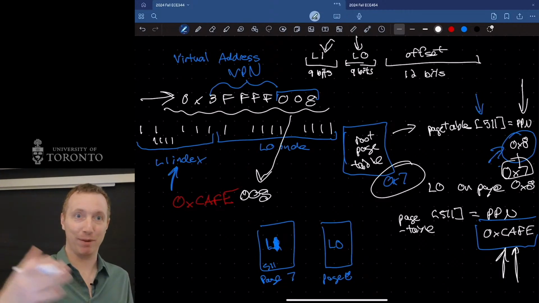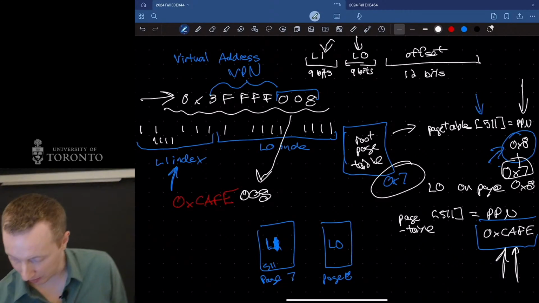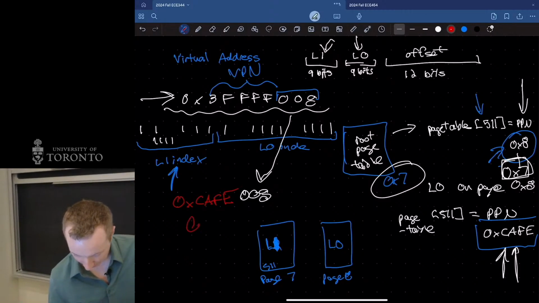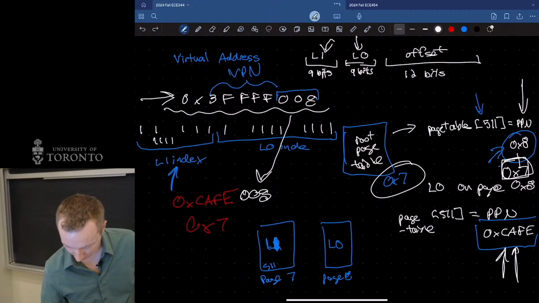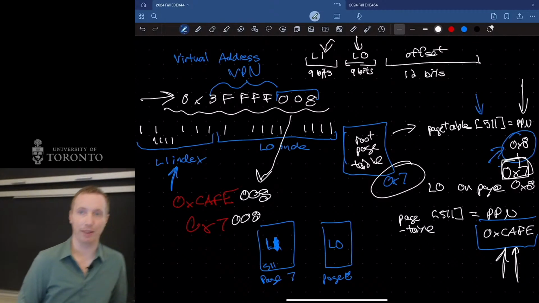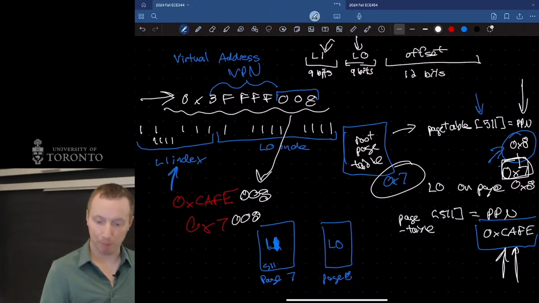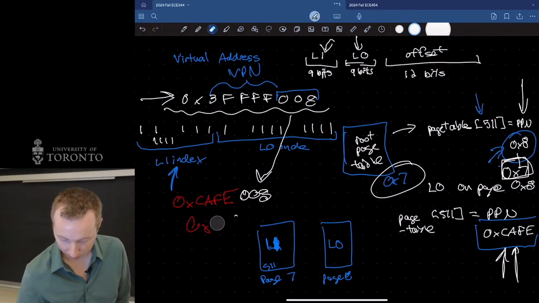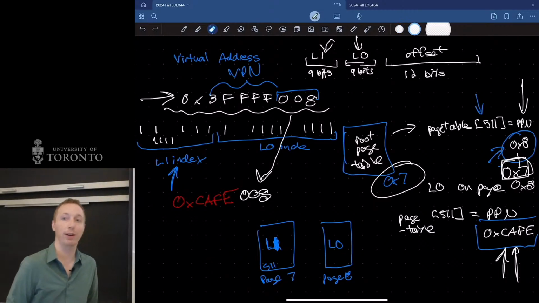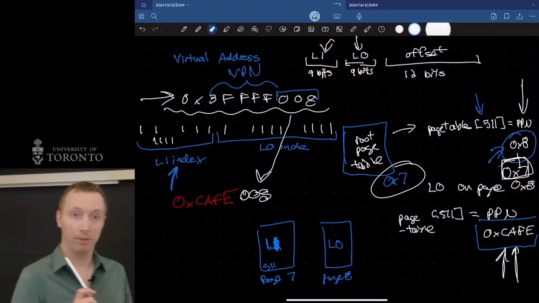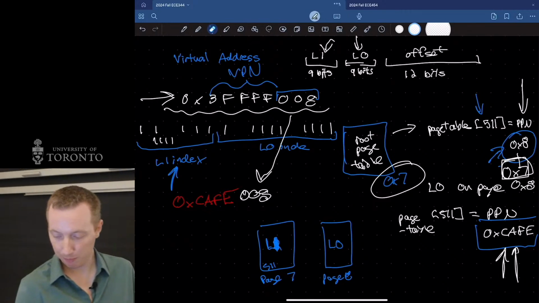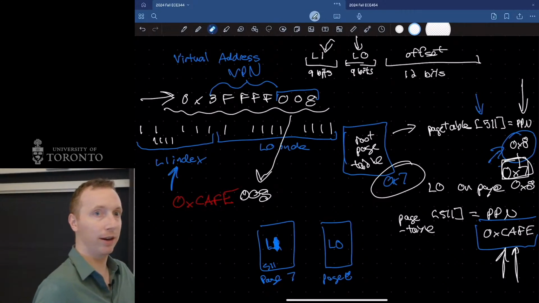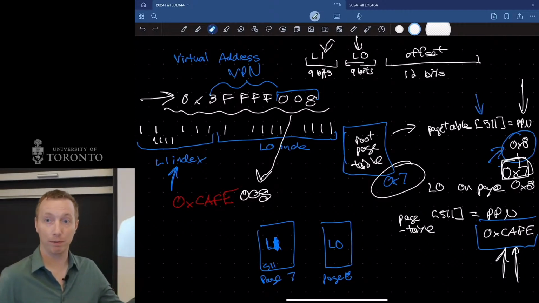And then it would look at that entry and get this as the physical page number, and our resulting address in that case, if I did something that silly, would be 77, something like that. So it depends. I have to tell you a bunch of information in order to actually translate an address. I need to tell you, at minimum, the root page table, the virtual address, and then I have to tell you the contents of every single page for you to translate it.